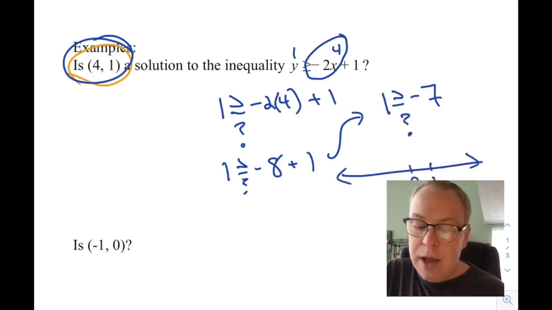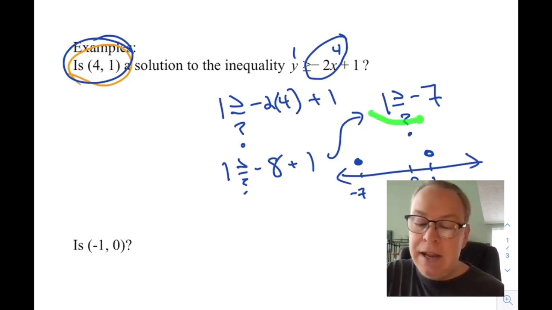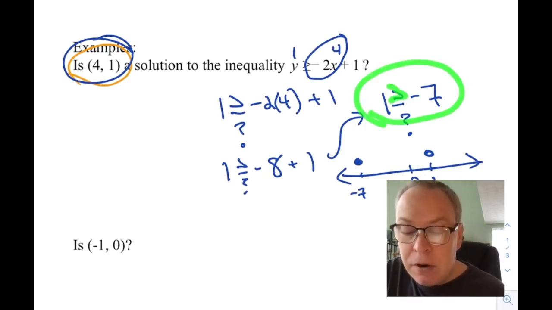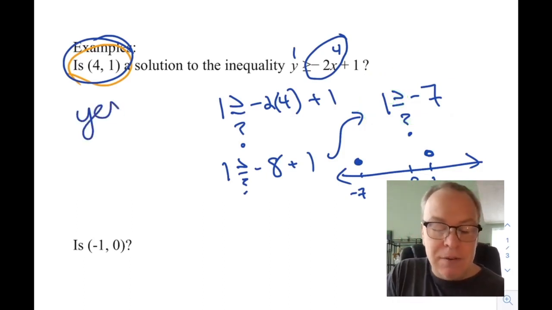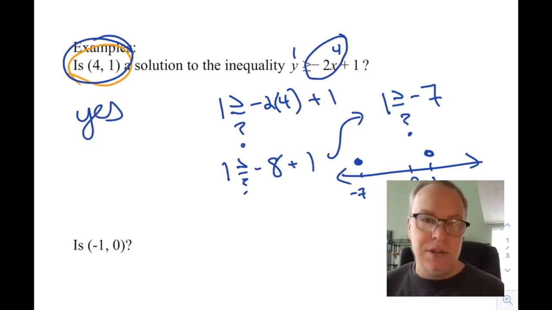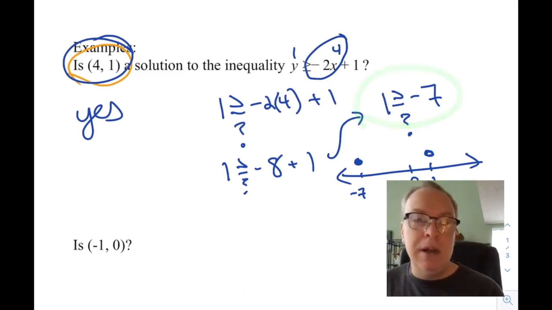Here's 0, here's 1, and over here is negative 7. So we're comparing this point to this point. Is the alligator eating the bigger number? Is 1 bigger than or equal to negative 7? Yes, of course it is. So the answer is yes. (4, 1) is a solution to that inequality because we got a true statement: 1 is greater than or equal to negative 7.